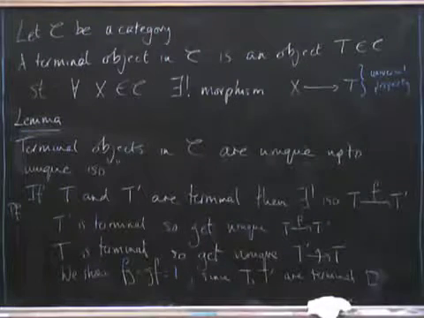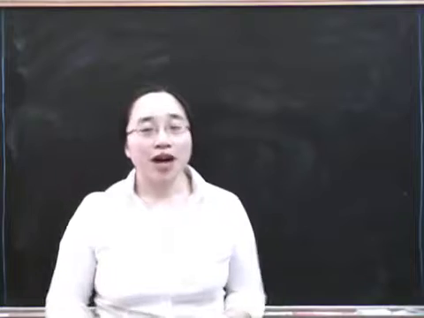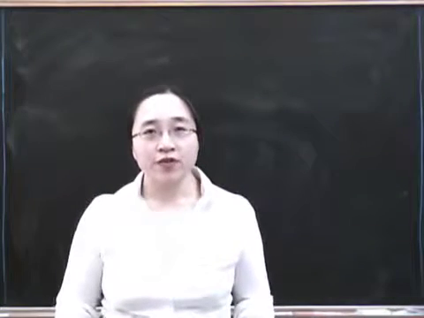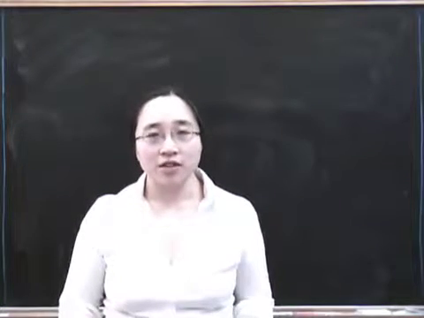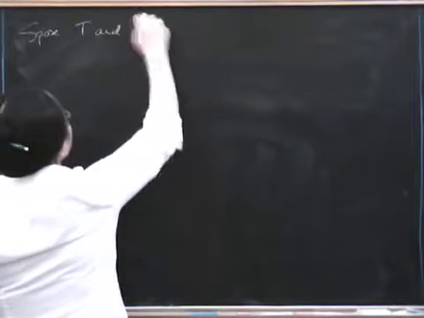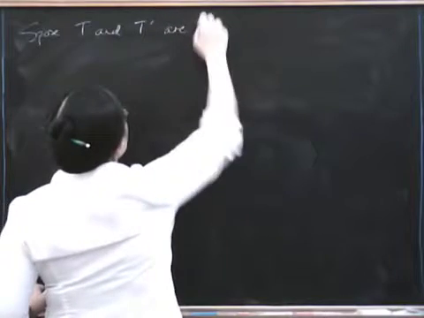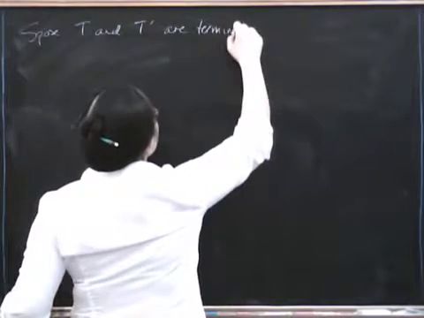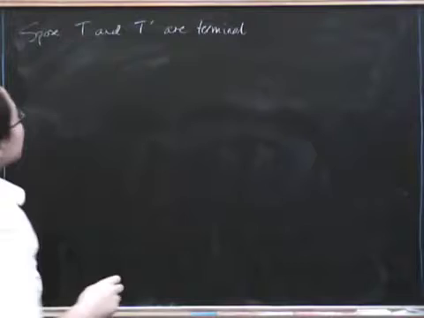Last time, I sort of hurried over the proof that terminal objects are unique up to unique isomorphism, and so what I want to do this time is do it properly. So what we've got is T and T prime, both terminal. And what we want to show is that they're uniquely isomorphic to each other.